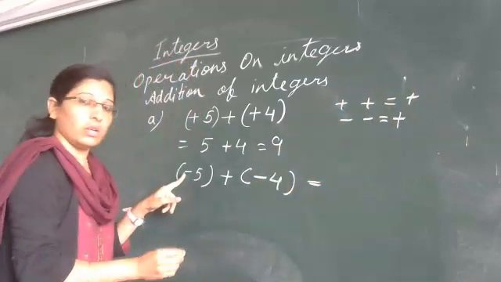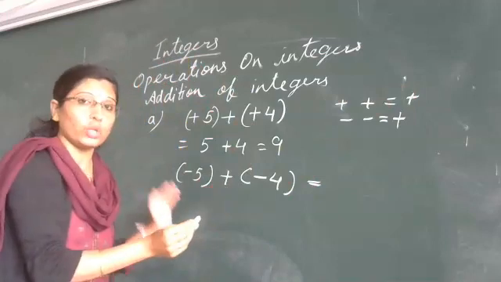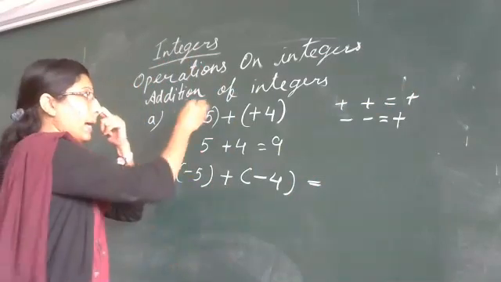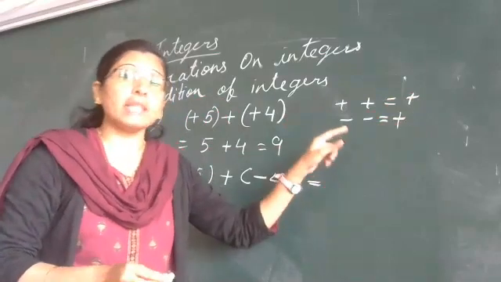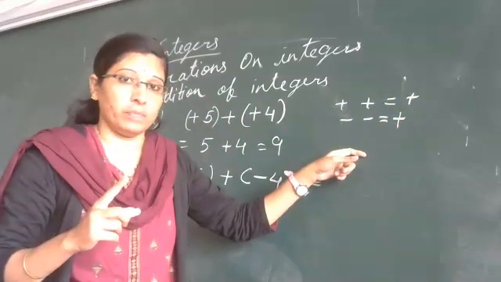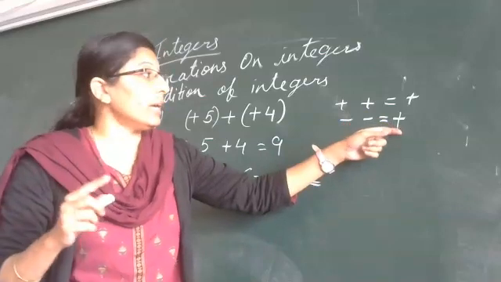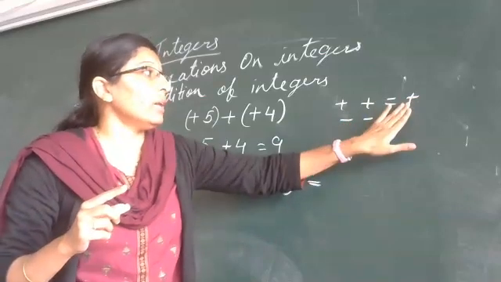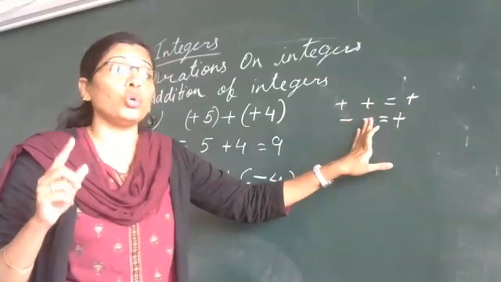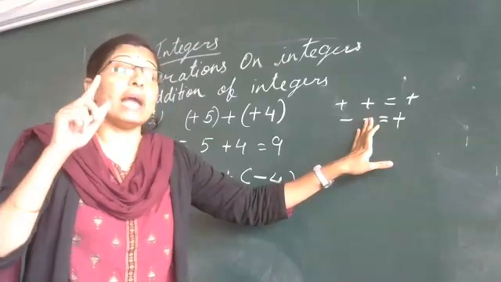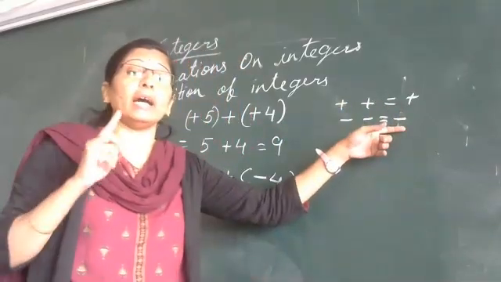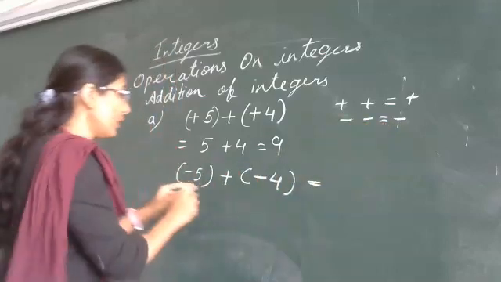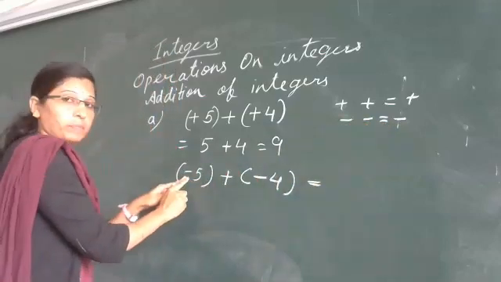So this is the first rule: in addition of integers having the same sign, you add the numbers, but the answer takes the sign of the greater number. Now here minus 5 is there.